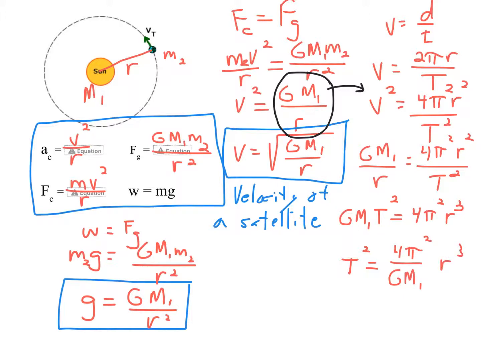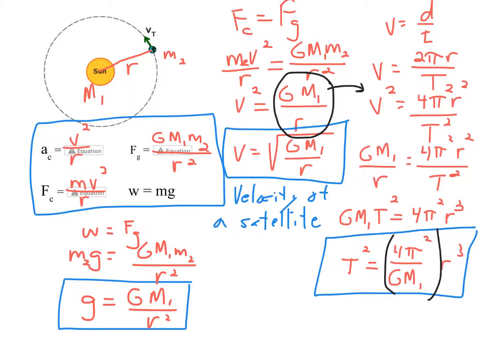I want to concentrate here on the T squared and the r cubed, because this really is Kepler's third law, combining all these equations, manipulating them, and solving for T squared. What we see here is the relationship between T and r. T squared is proportional to r cubed, where the constant of proportionality, in parentheses, is 4 pi squared over G m, where m sub 1 is the mass of the planet that's being orbited.